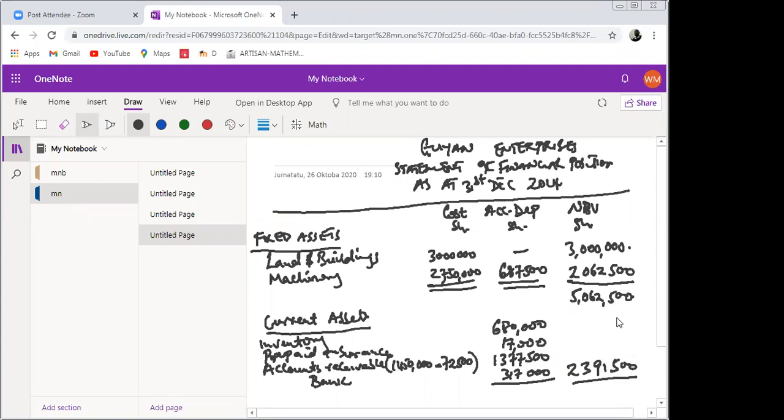Can you add now to the net book value of all the fixed assets, so that now we can get the total assets? $7,454,000.